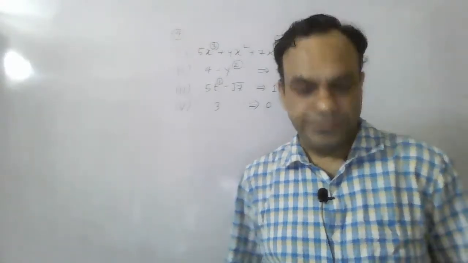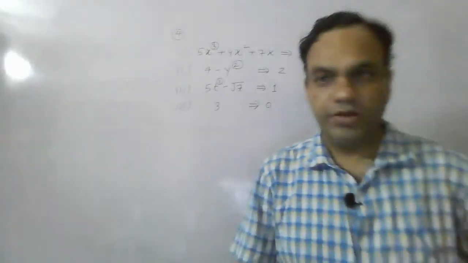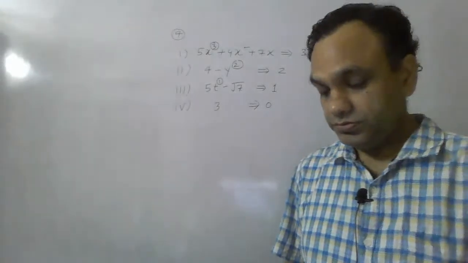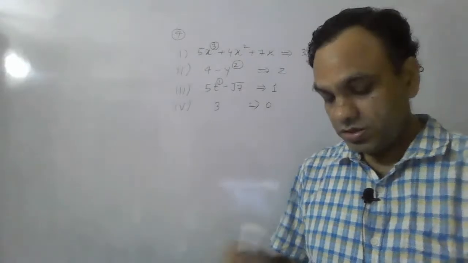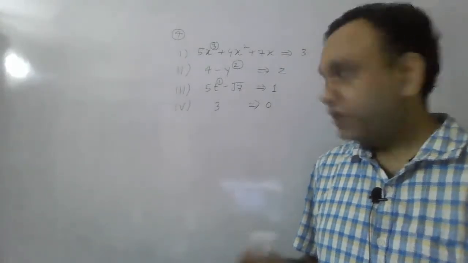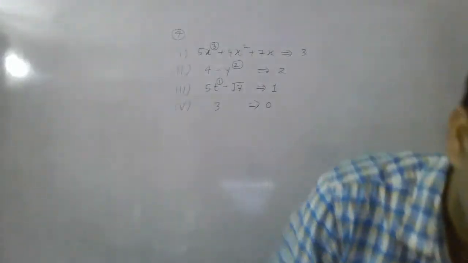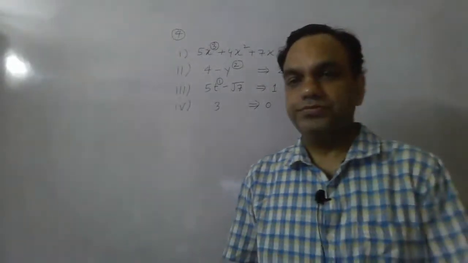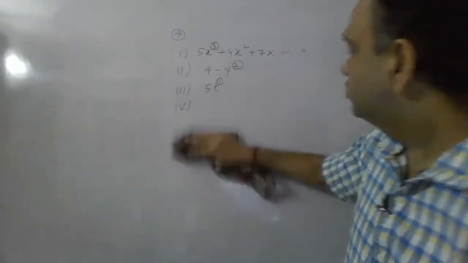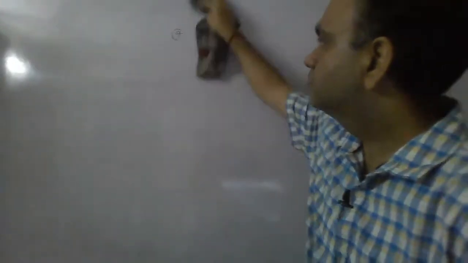Okay, excellent. Now we'll discuss the fifth one. Give the following as linear, quadratic, and cubic polynomial.